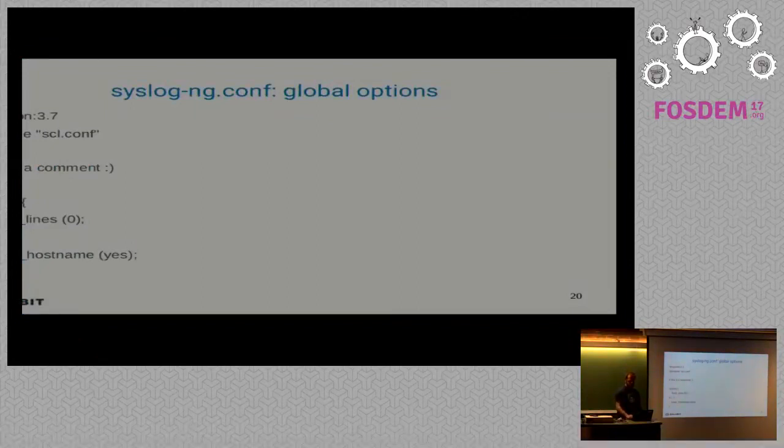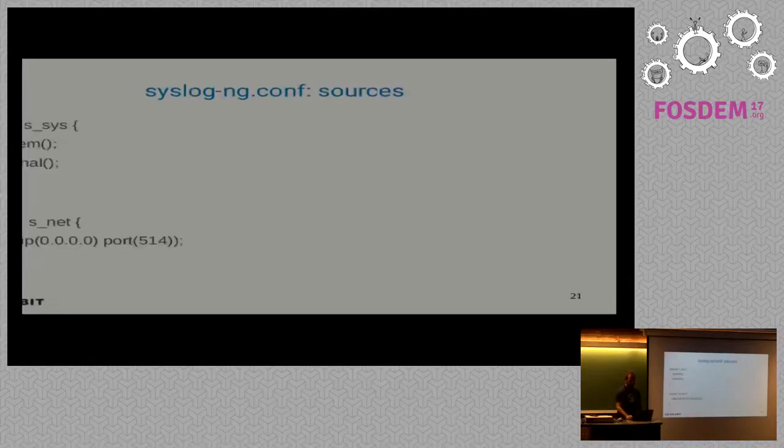Syslog-ng configuration always starts with a version number, for which version it was created, and some global options. Most of these can be overridden later in the configuration. You can define sources, and as you can see here, this is a single source definition, but it combines two different sources: internal messages, so those generated by syslog-ng itself, and system for platform-specific log sources.